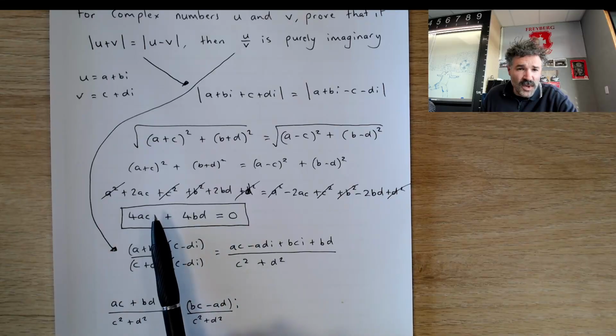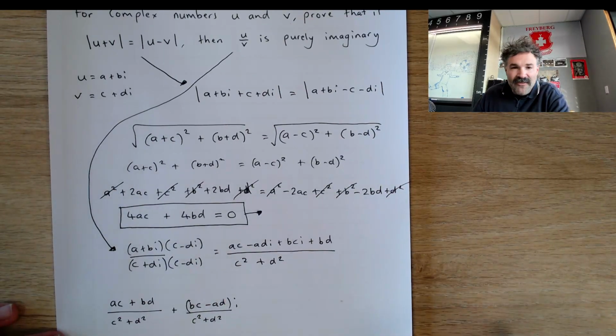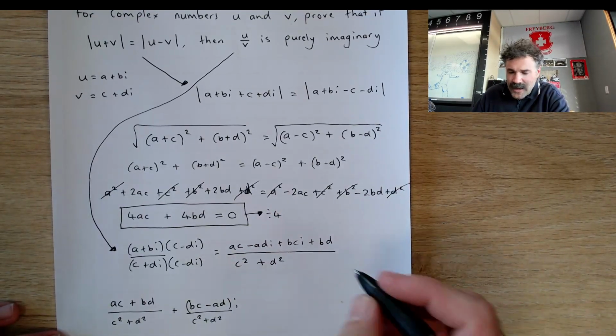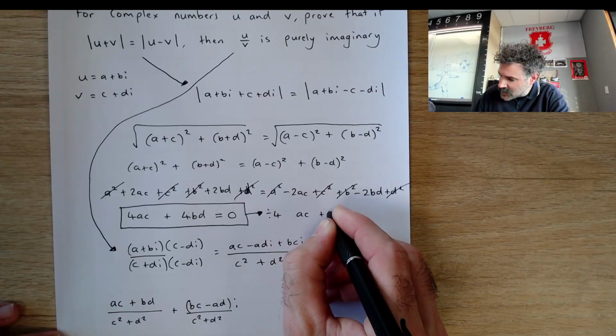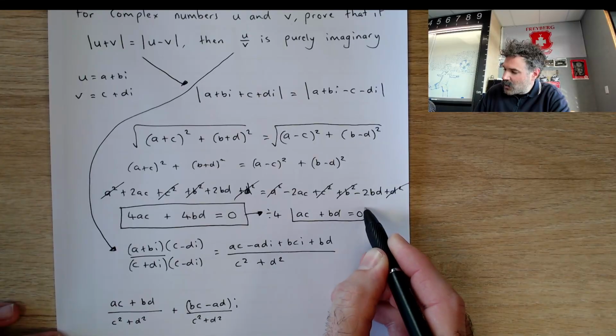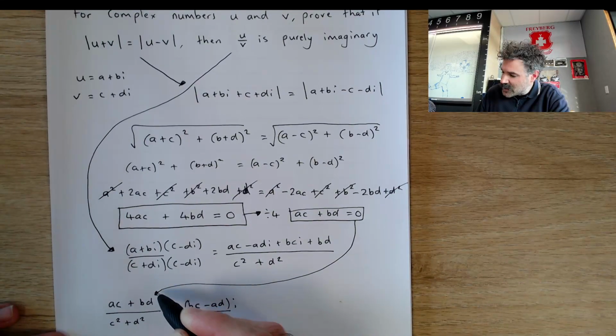Now, luckily with this box, I can do one thing. I can divide both sides by 4. If I divide by 4, I end up with ac plus bd equals 0. And lo and behold, we look over here and we've got our ac plus bd.